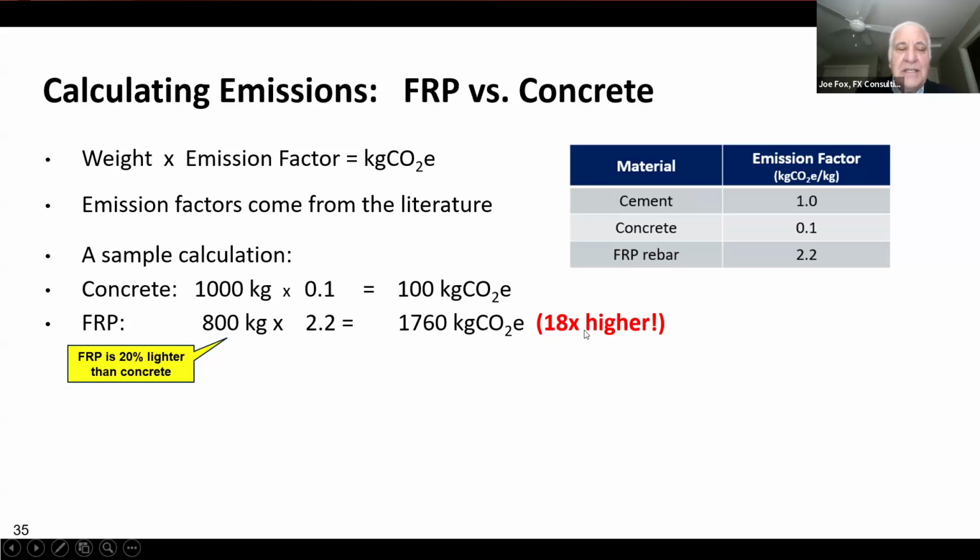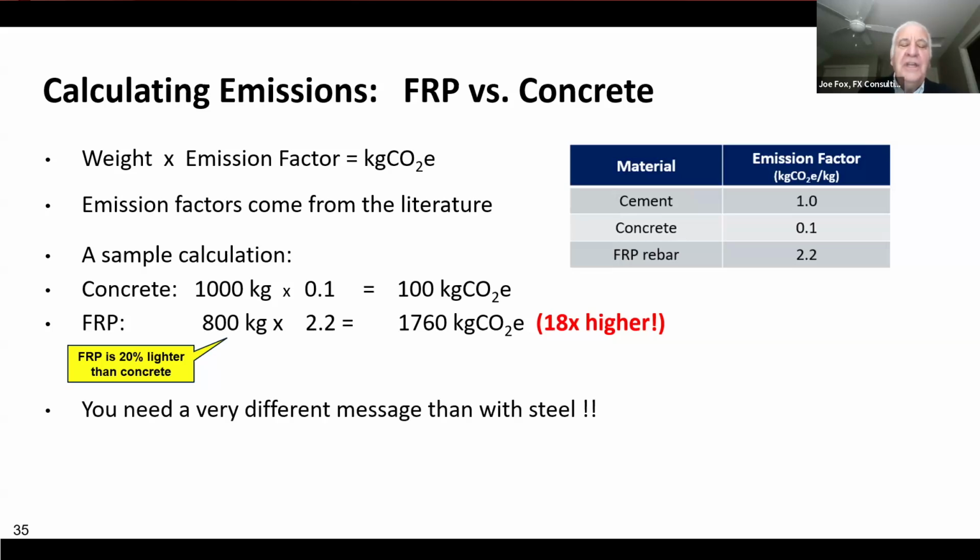That is 18 times higher. With steel, this was a bigger number than this. With concrete, this is a much bigger number than the value for concrete. So you don't want to replace concrete with FRP if you want to lower CO2 emissions. You need a very, very different message than with steel.